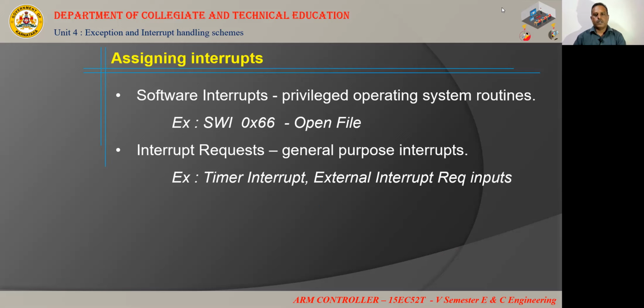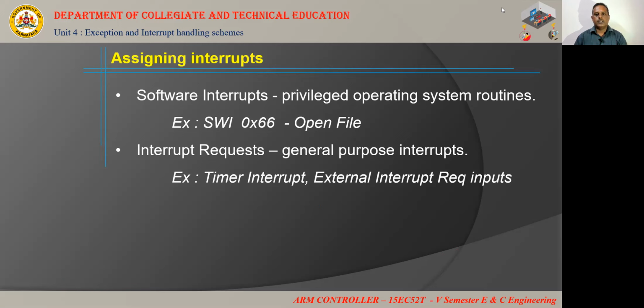There is only one IRQ interrupt request to the ARM core. How can we connect so many interrupt requests? So this is where comes the vector interrupt controller. So in ARM7, what we are learning now, there is a vector interrupt controller attached to the ARM core.